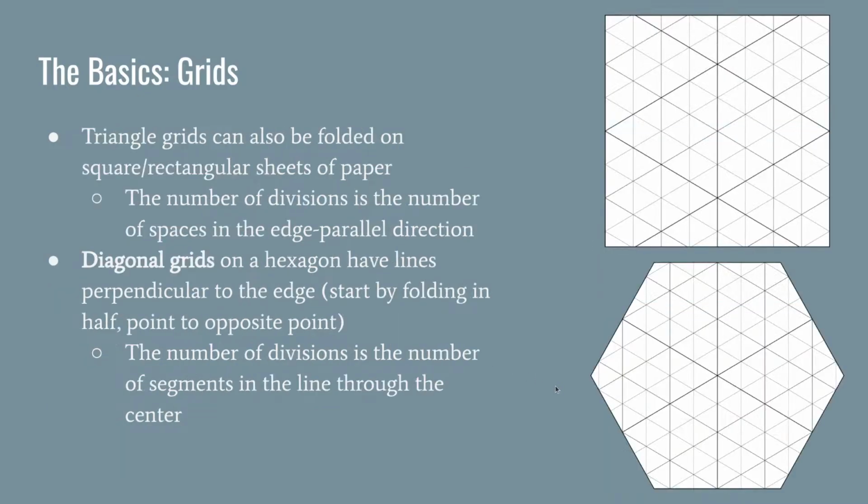And then there's some other triangle grids. You can fold triangle grids on squares or rectangles, in which case there will be one pair of edges that is parallel to the grid lines and one pair that is perpendicular. The number of divisions on this grid is the number of full spaces from one parallel side to the other parallel side. Any other way you count, you get different numbers different times.